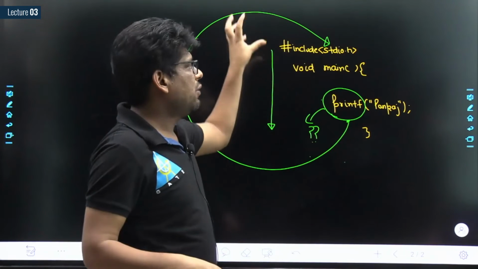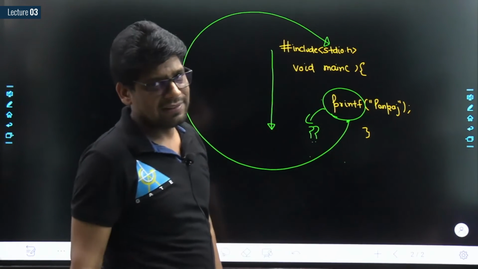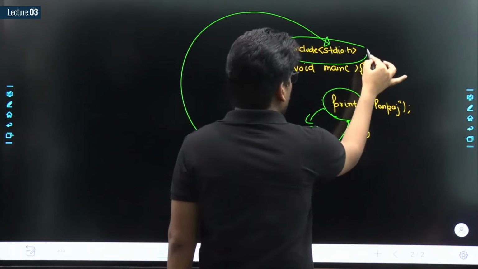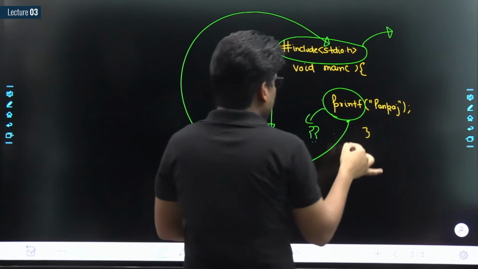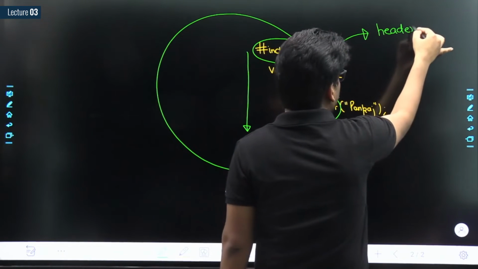Later on, we will explain what is the code inside it, declaration or something else. Sir, what are these files called? These files are called library files or header files.